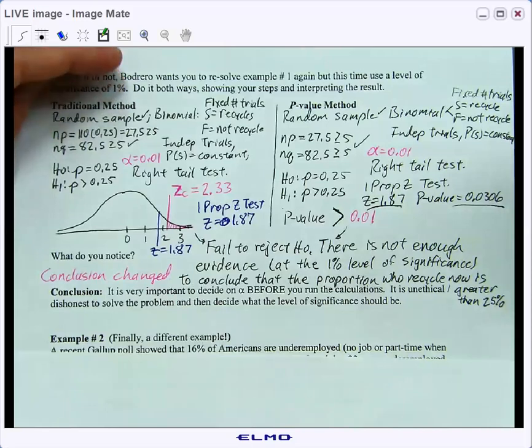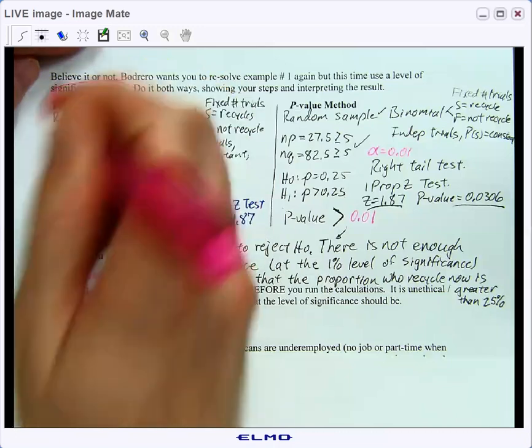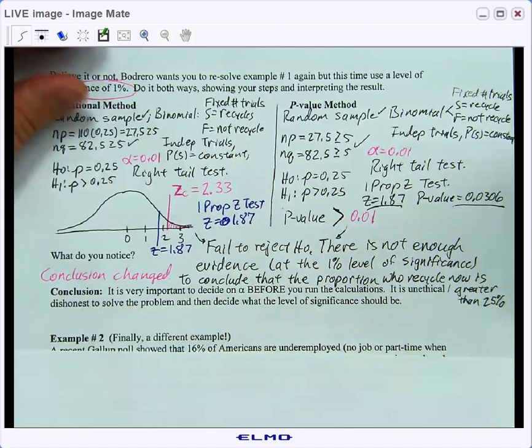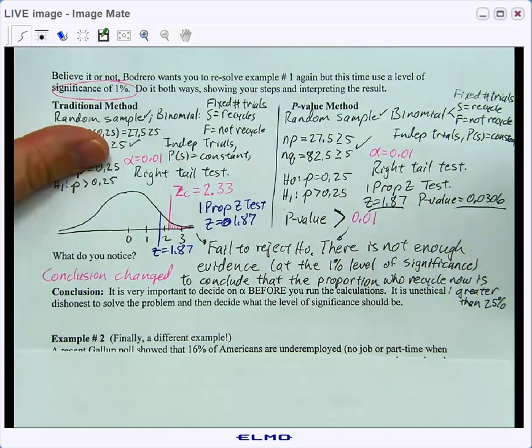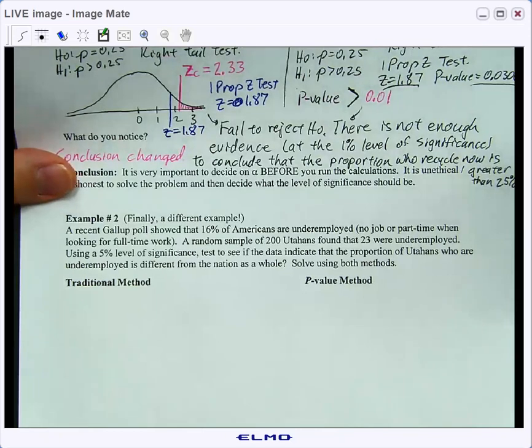So what you really need to do is decide what your level of significance is going to be up front, and then run it to see what the answer is, not run the numbers and then decide what your level of significance is so that you get the decision you want. That's dishonest.